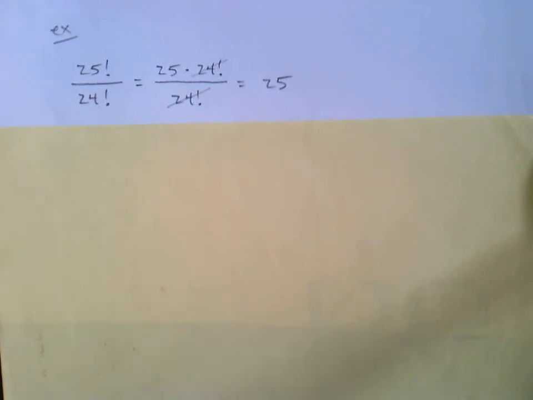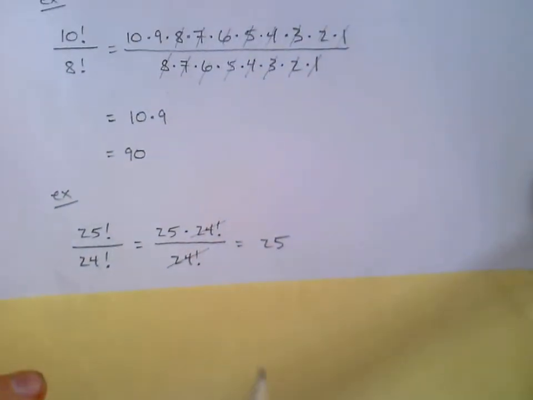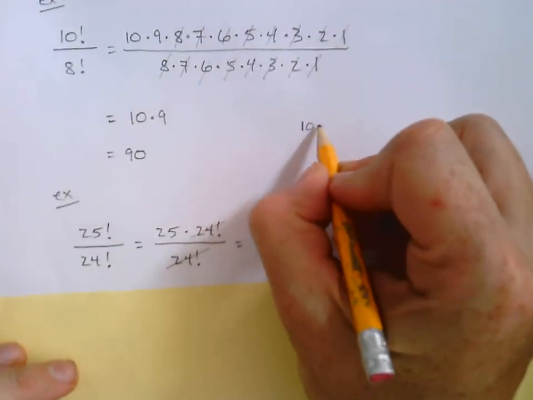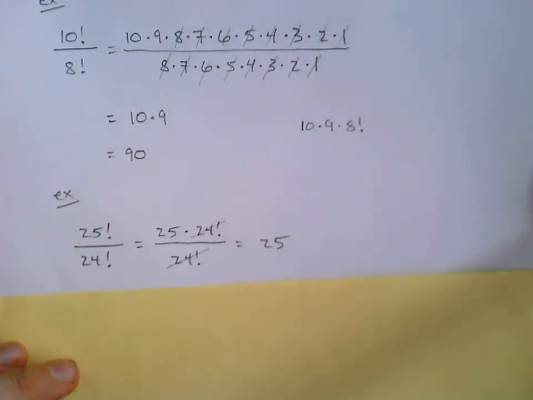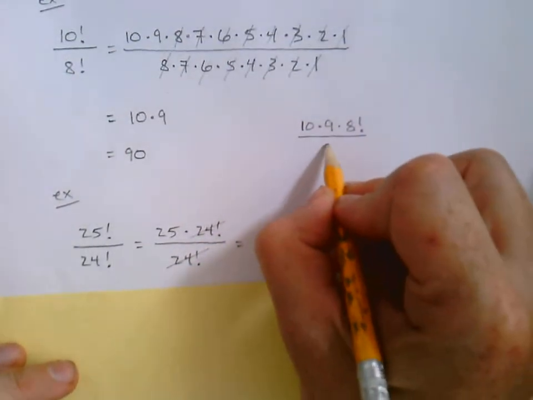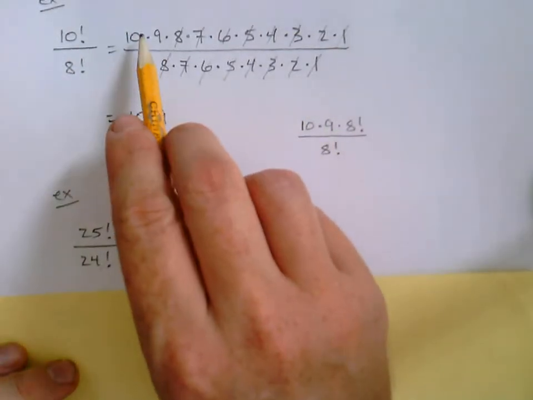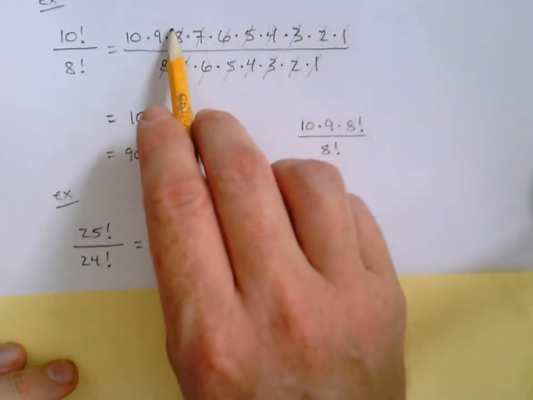We want to be very strategic about how we simplify these. We could have even thought of the last example this way. Think of 10 factorial as 10 times 9 times 8 factorial, and then just leave the 8 factorial down there. Wouldn't this be true? What do we have up here? 10 times 9, and then the rest of this that canceled was 8 factorial.